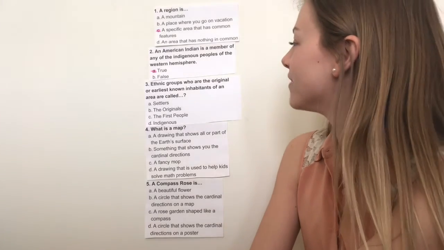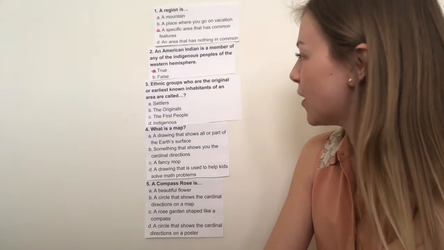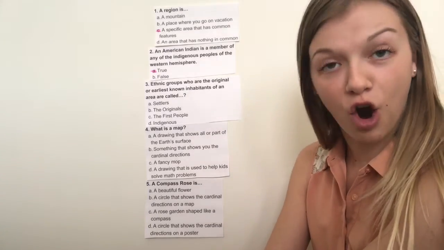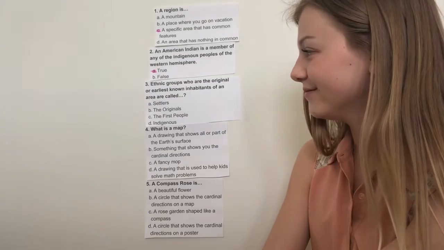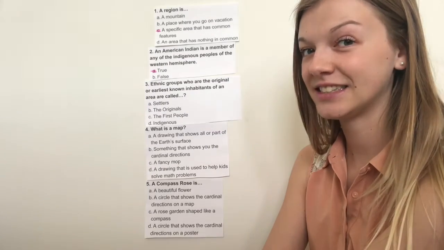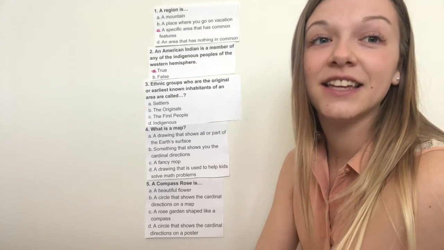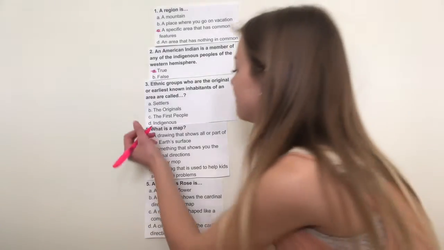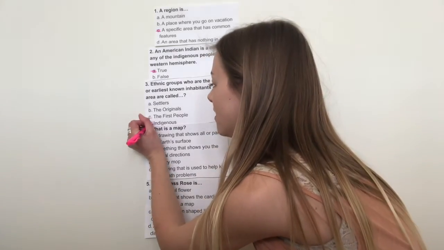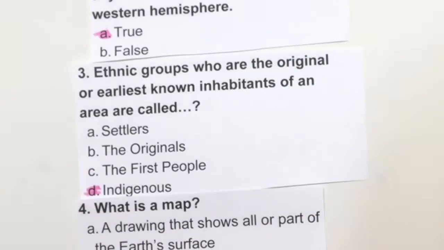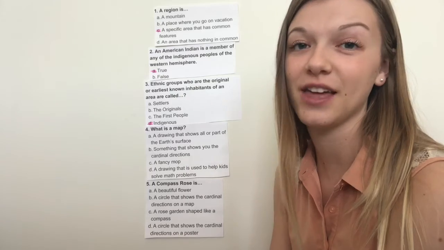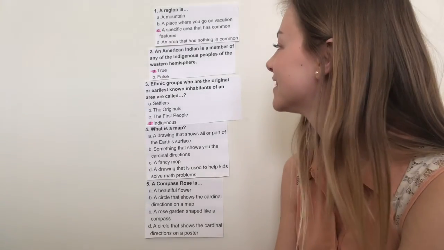Ethnic groups who are the original or earliest known inhabitants of an area are called, what do you think it is? The answer to this question is D, indigenous. That was the big word that we learned that had to do with American Indians.